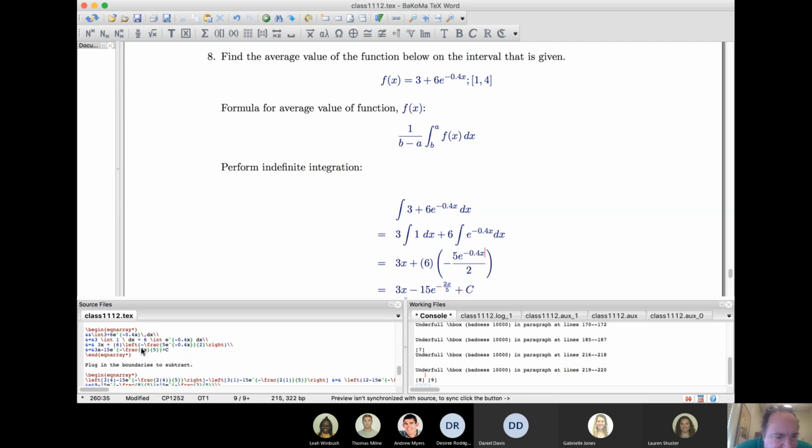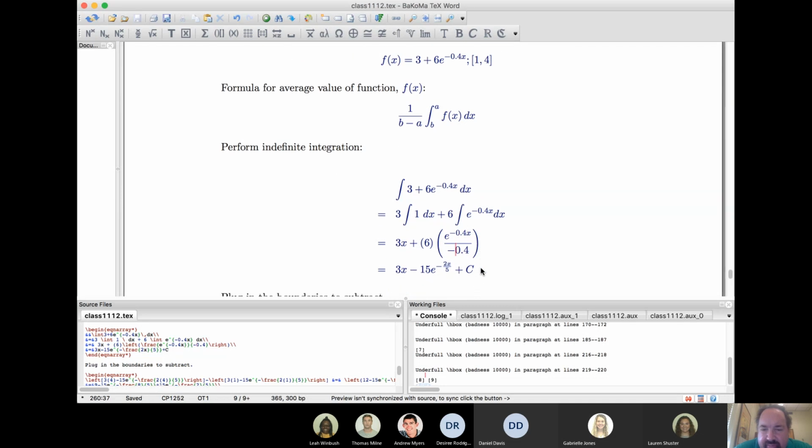Okay, so then what we have here is, the integral of e to the minus 0.4x is itself divided by the coefficient of x. So that's where we have a minus 0.4 here.